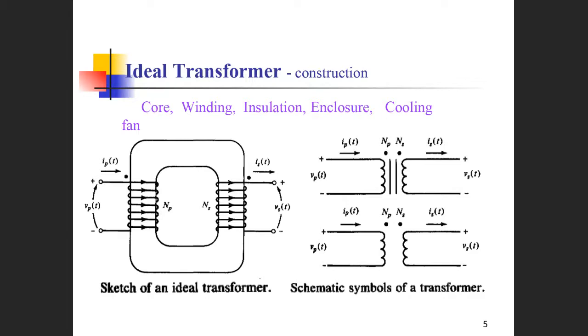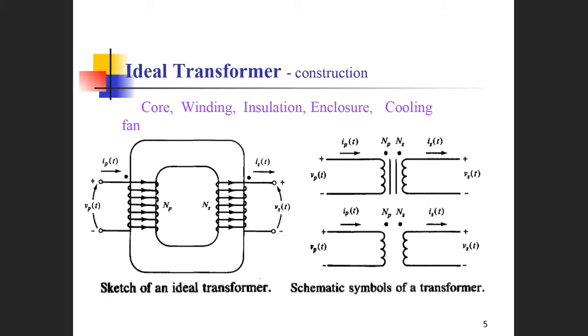In practice, transformers are used in power distribution at different points of the power transmission system. At power stations, we have step-up transformers, making the generated electricity go from low voltage to high voltage.